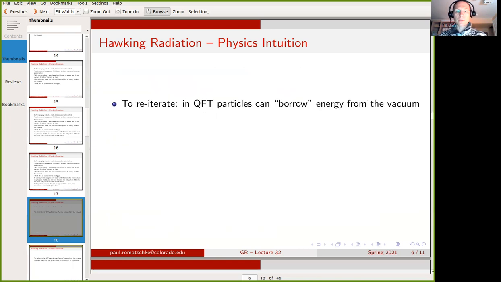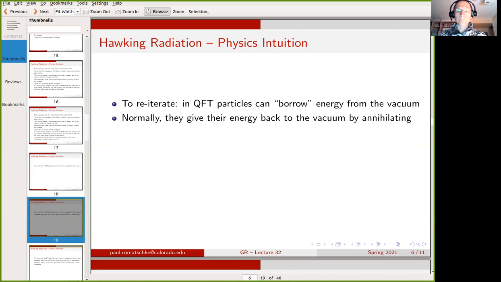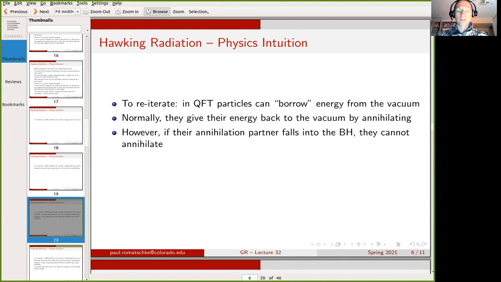So essentially, the story is that in quantum field theories, particles can borrow energy from the vacuum. They have to give it back. Normally, they do that by annihilating and giving back the energy to the vacuum after they are done. However, if they are close to a black hole, it can happen that one of the annihilation partners falls into the black hole.